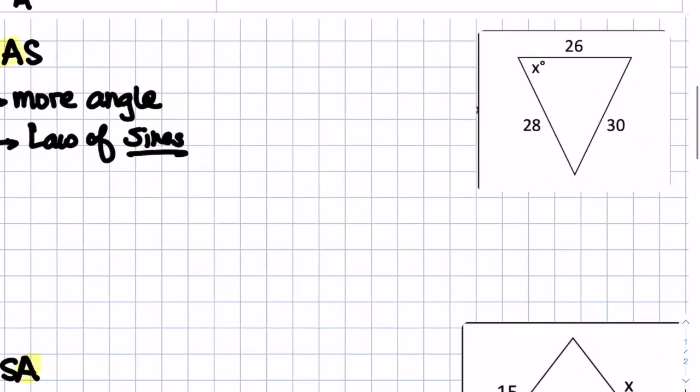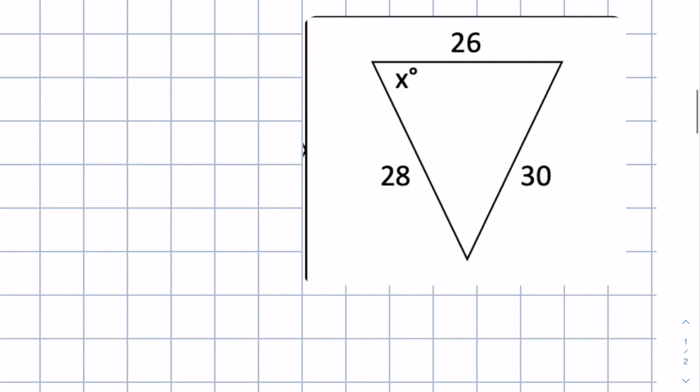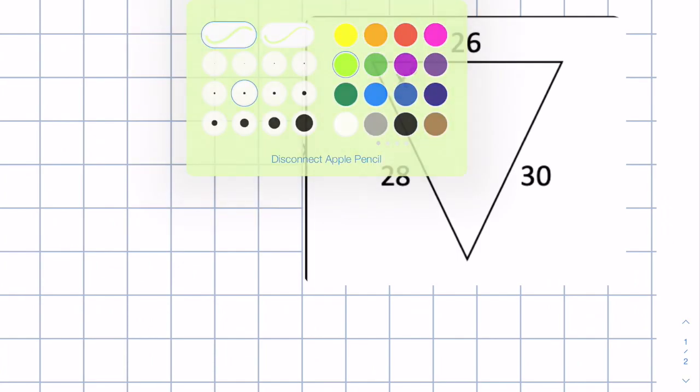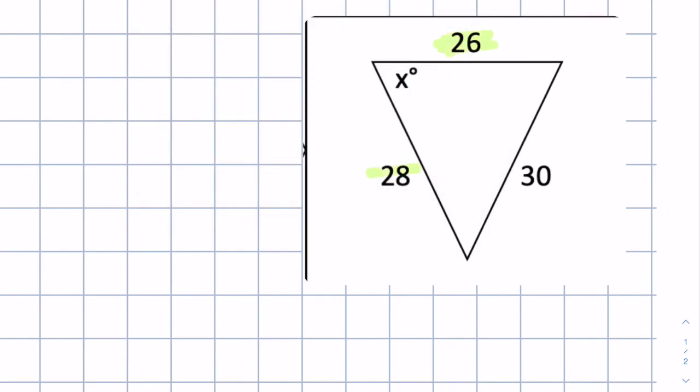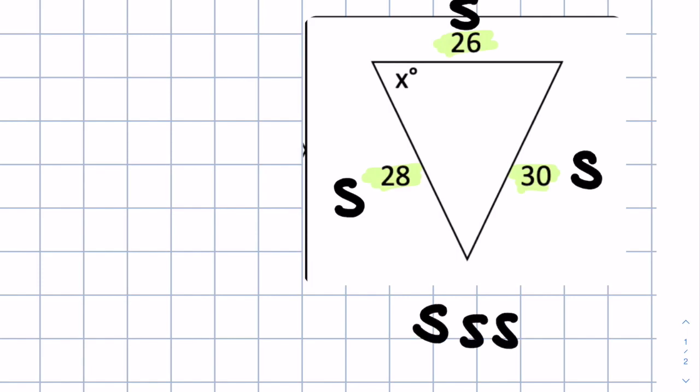Now over here, look at these cases. In this case, notice that we have only sides, right? So that would be the case we call S, S, S. If we have SSS, we ask ourselves, do we know more angles or more sides? Well, we know only sides, so that's going to be cosine law.